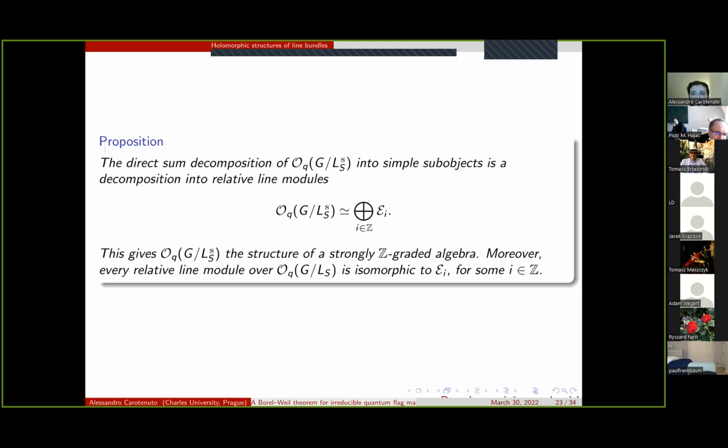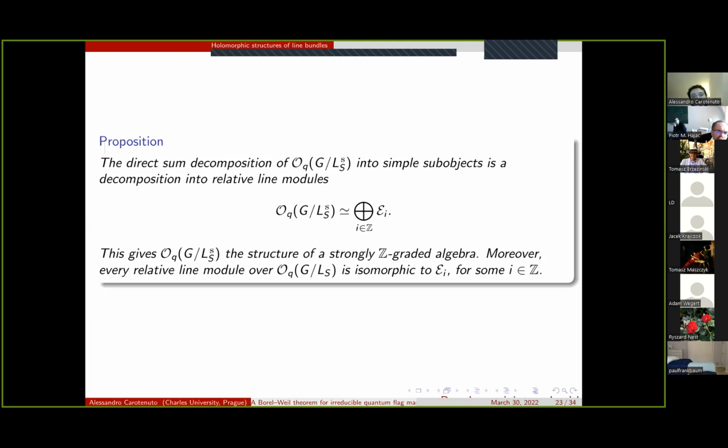Alessandro, could you remind me the relationship between this O_q(G/L_S) and O_q(G/L_S^S)? Sure. I'm going to talk about this a bit later, but we will find that O_q(G/L_S^S) gives a quantum principal bundle over O_q(G/L_S). So classically, it is like a quotient by an algebraic torus.